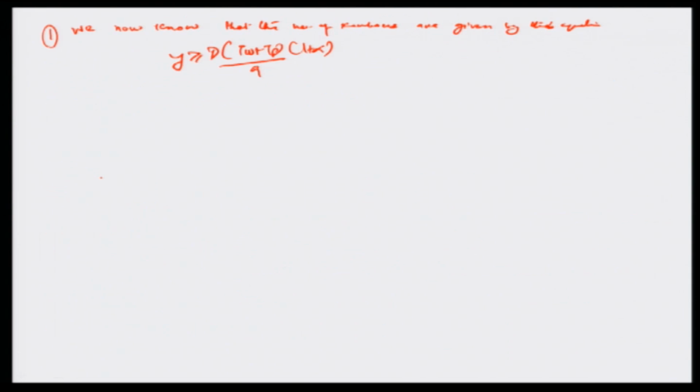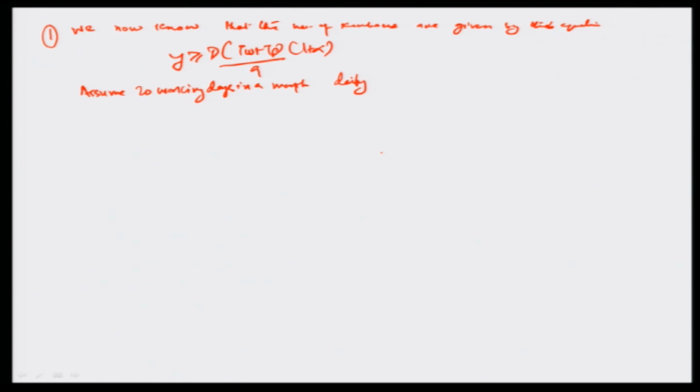So, if we assume close to 20 working days in a month, I can estimate the daily demand as whatever gets produced in a month divided by the number of days, which is about 500 per day.